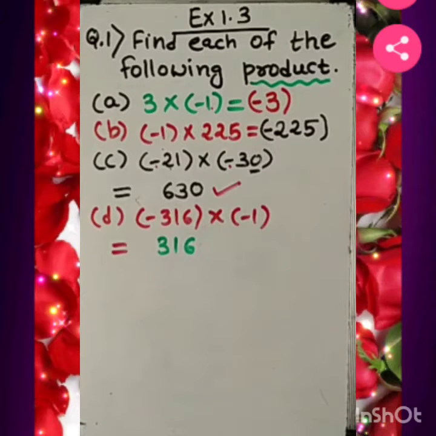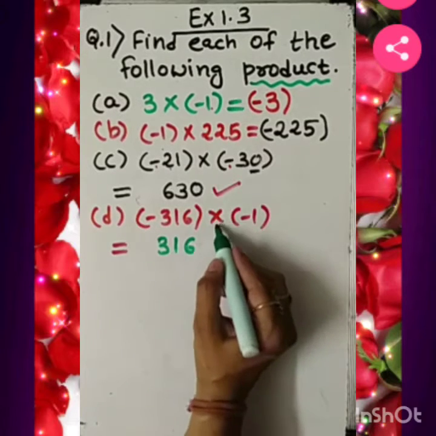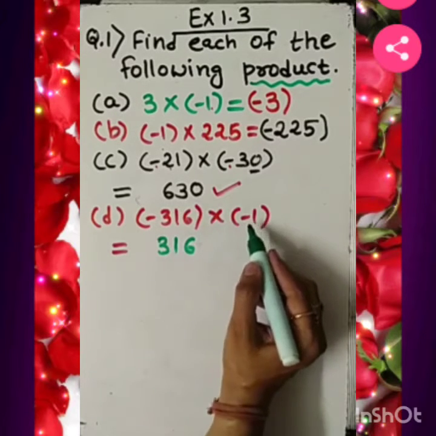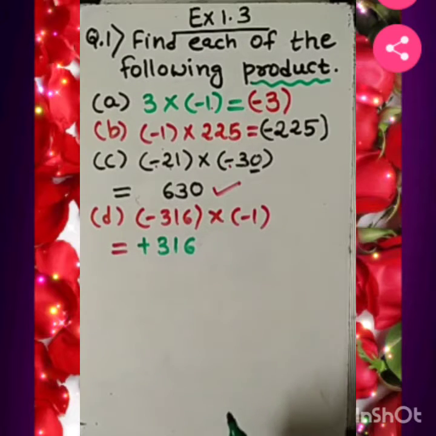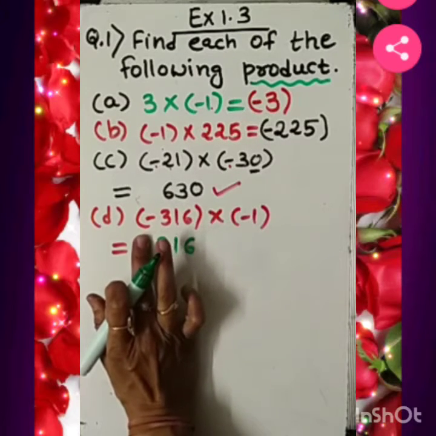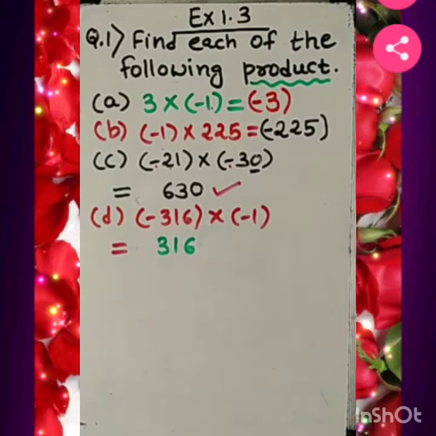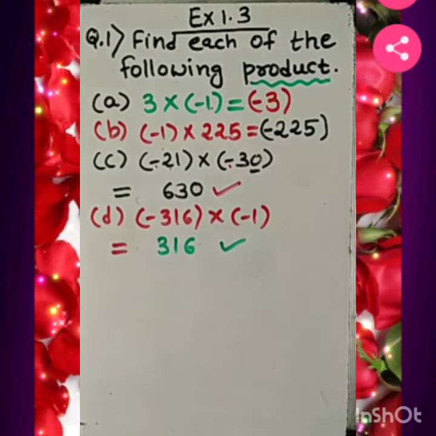Now what about the sign? As we can see, minus and minus, 2 times minus given, so it will be plus. Either you can write plus here, the answer will be plus 316, or the plus will remain hidden, so you need not mention it. This number will be considered a positive number all the way.